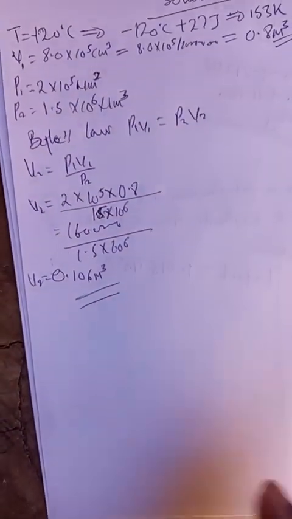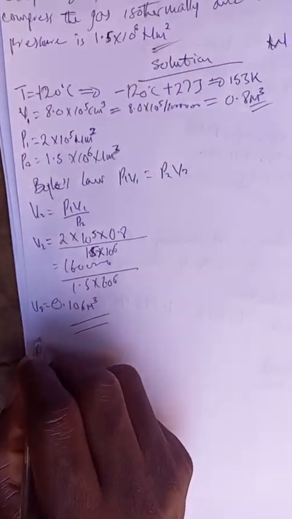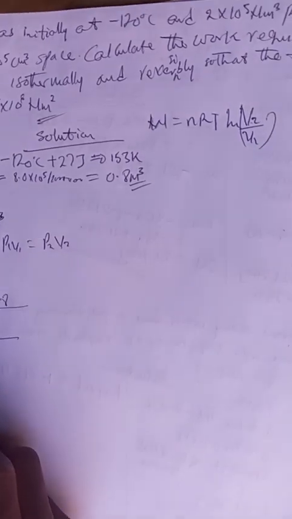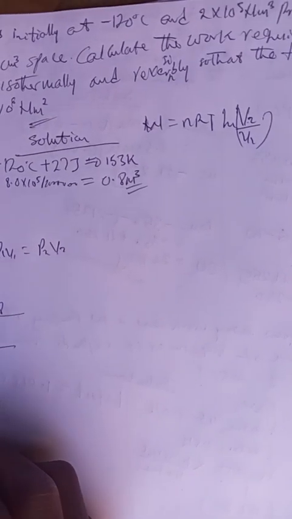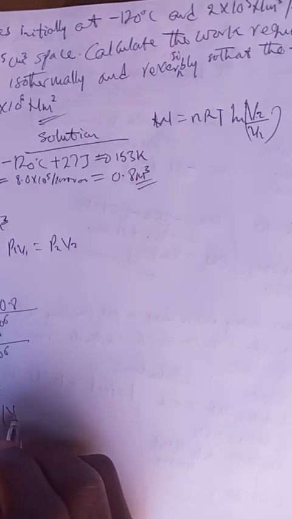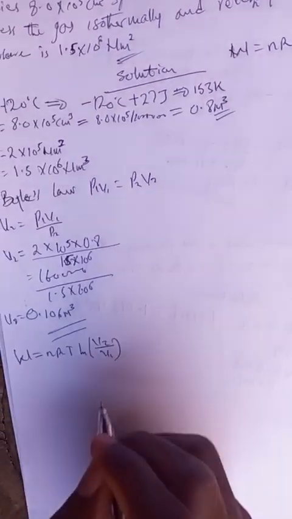So now let's go back to the formula W = nRT ln(V2/V1).